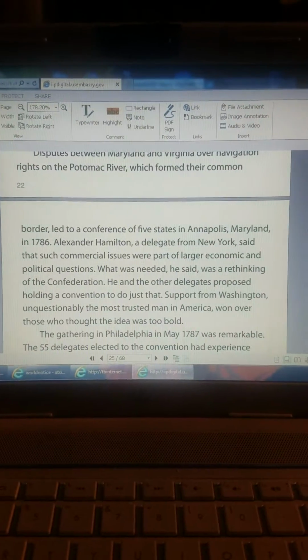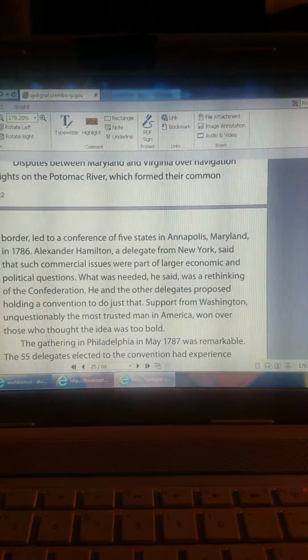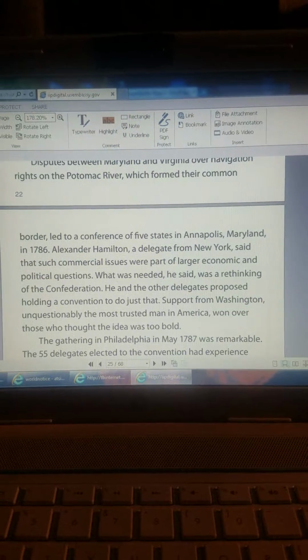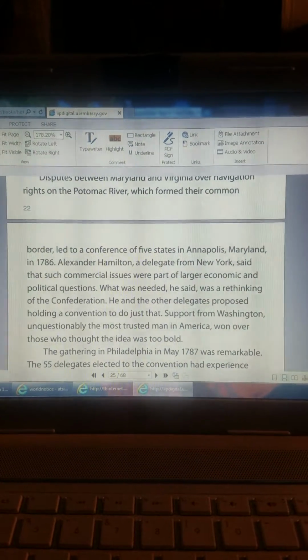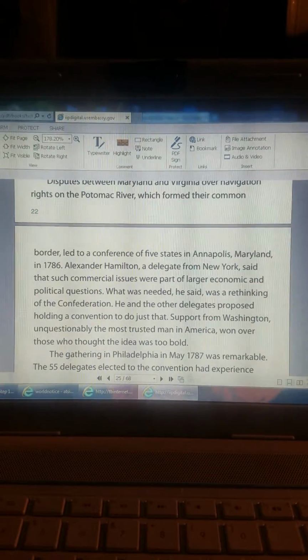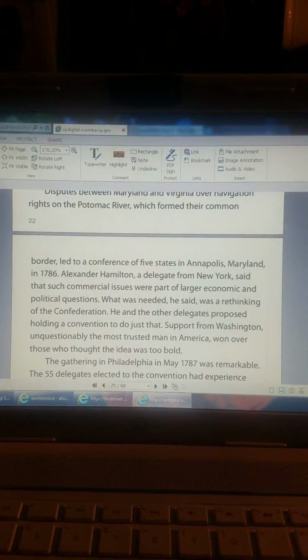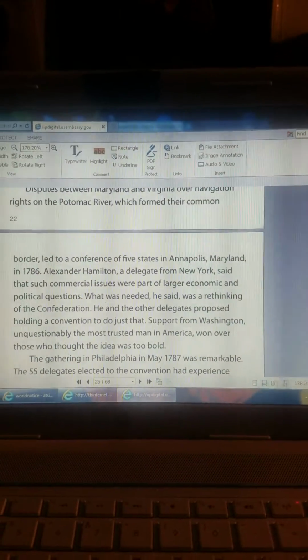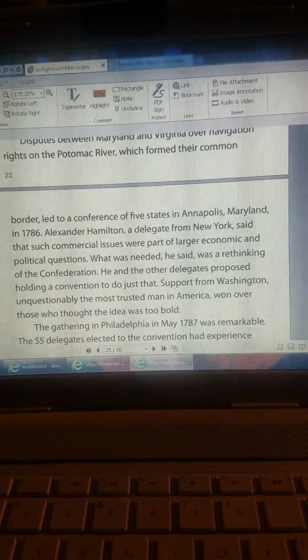Alexander Hamilton, a delegate from New York, said that such commercial issues were part of larger economic and political questions, which needed a rethinking of the Confederation. He and other delegates proposed holding a convention to do just that.